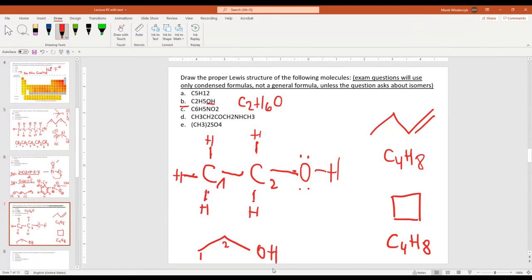The condensed formula for ethanol will be CH3CH2OH. That means carbon 1 is connected to 3 hydrogens and carbon 2. Carbon 2 is connected to carbon 1, 2 hydrogens, and the oxygen. And oxygen is connected to hydrogen and carbon 2. This is how you read that.